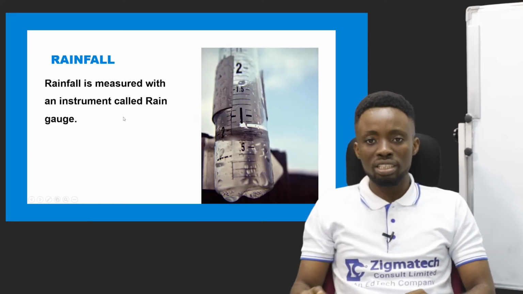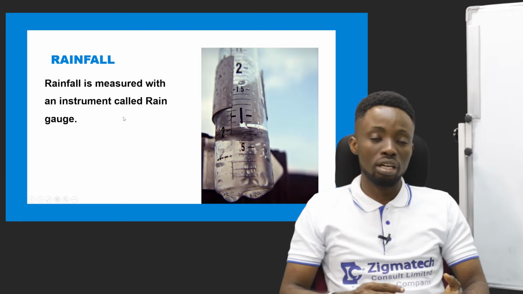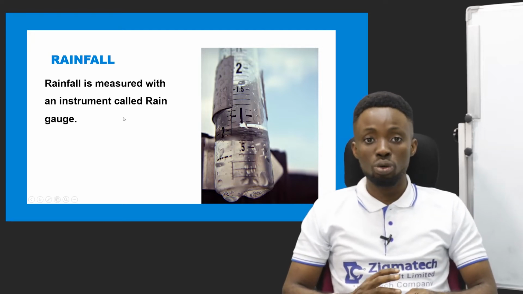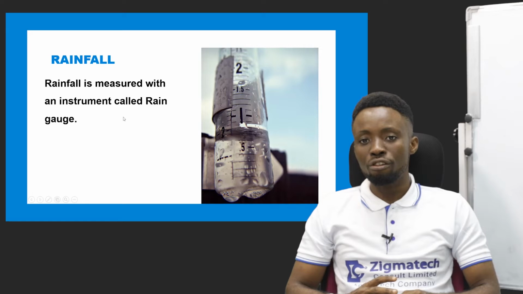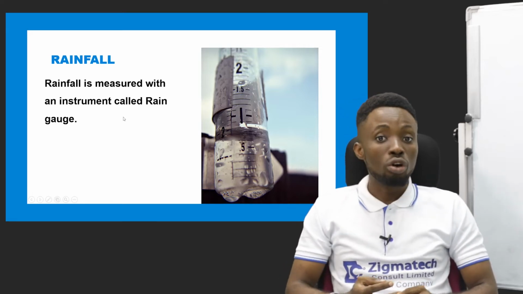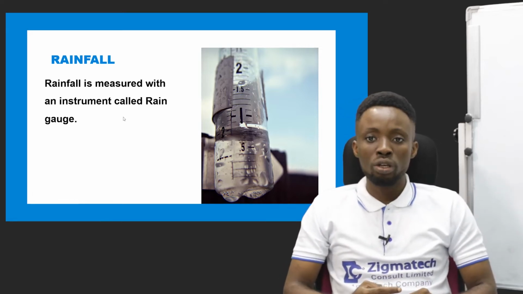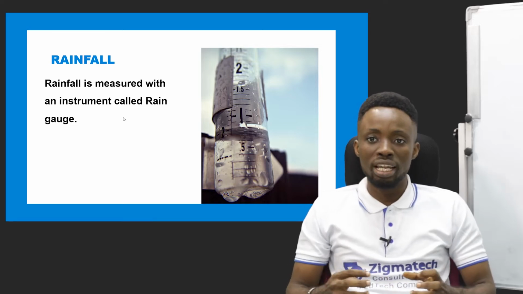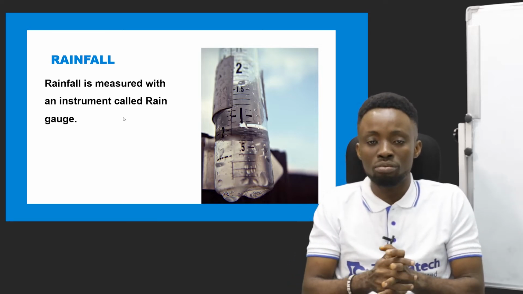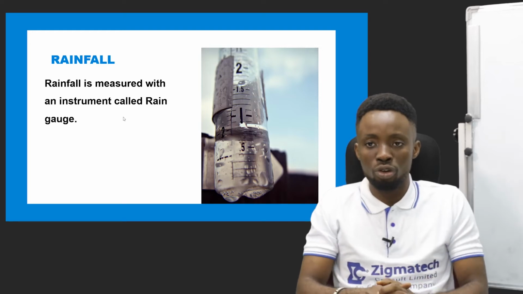So we look at the first element of weather, which is called rainfall. Rainfall is a type of precipitation that occurs when water vapor in the clouds finally falls after staying up there for a very long period of time.